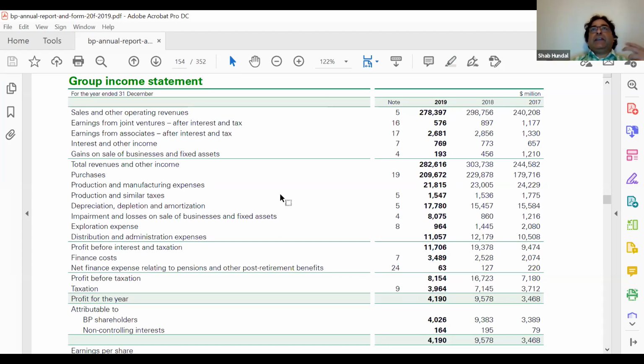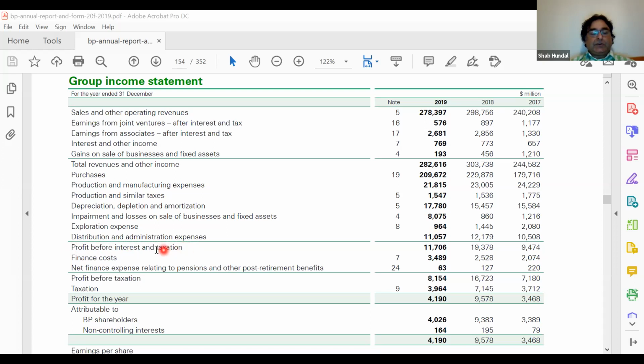It's like saying somebody is a human being, but he must have a name. The name could be earnings before interest and tax, or profit before interest and tax, as you can see here. So basically, this is your operating profit, EBIT.